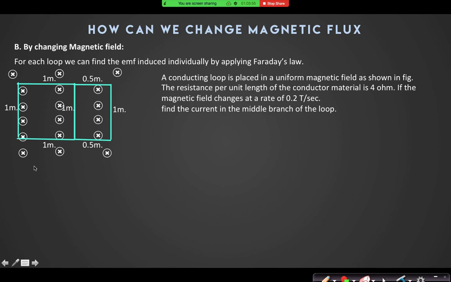The area remains constant; it is a fixed rigid loop. A conducting loop is placed in a uniform magnetic field as shown in the figure. The resistance per unit length is 4 ohm. If the magnetic field changes at a rate of 0.2 tesla per second, find the current in this middle branch.